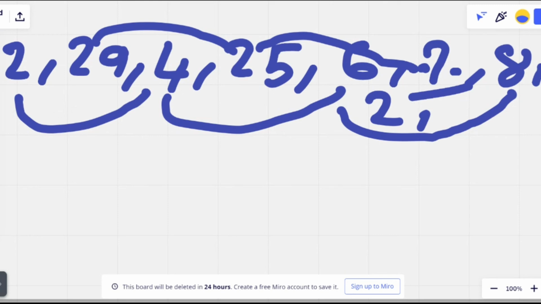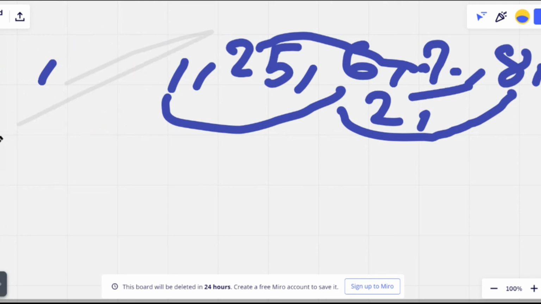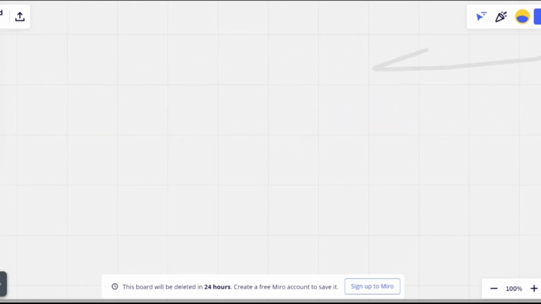Let's move forward to the next model we usually have in our examinations: arranging numbers. Mostly this question is asked in reasoning.